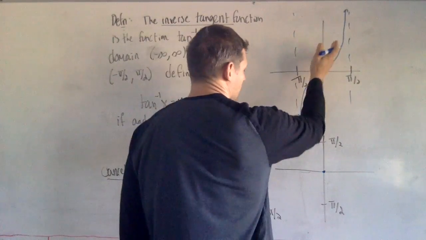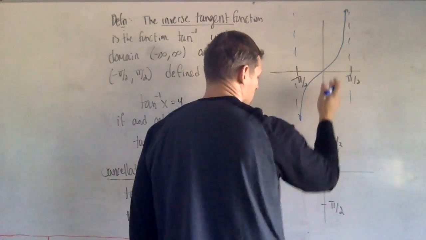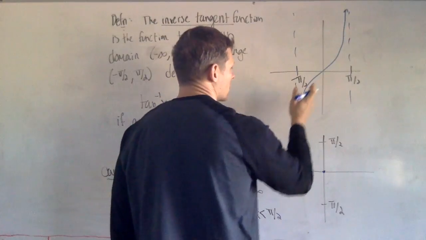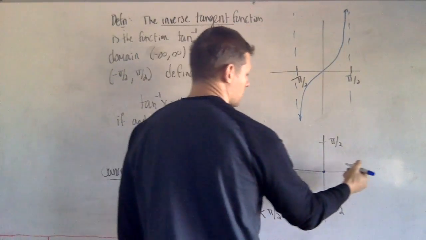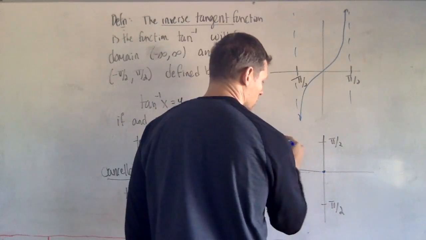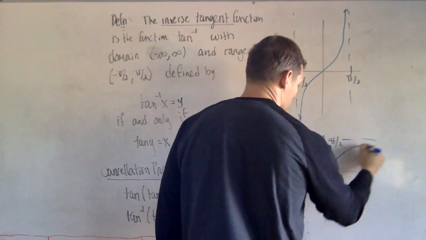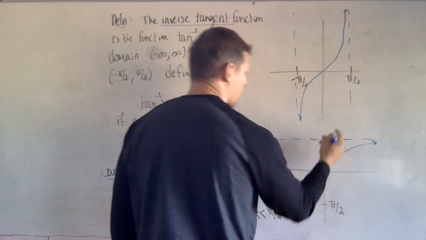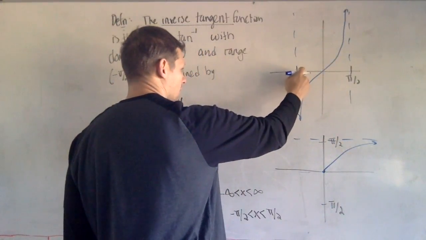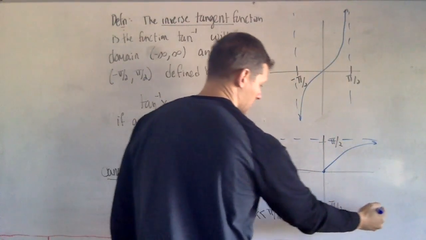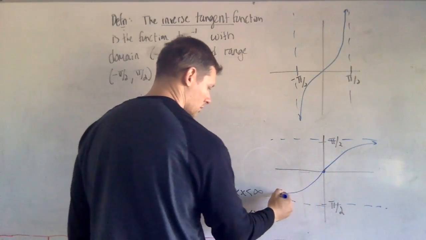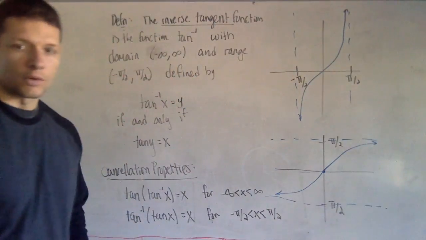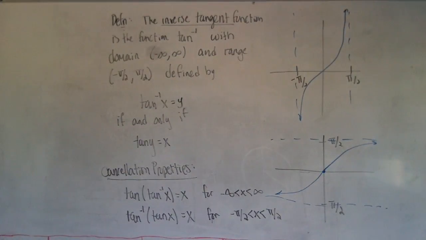As I approach pi over 2, I get closer and closer to infinity, which means as I get closer and closer to infinity, I should approach pi over 2, just going the other way, so it should look something like this. And over here, as I get close to negative pi over 2, I go to negative infinity, so as I get close to negative infinity, I'm going to approach negative pi over 2. So that's the graph for tangent inverse. Okay?